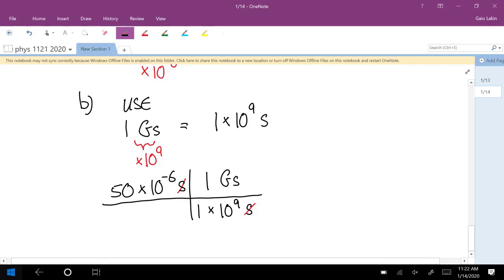And now you're just using the exponent rule. So 50 times 10 to the minus 6 divided by 10 to the 9th is 50 times 10 to an exponent of minus 6 minus 9, times 10 to the minus 15 gigaseconds.